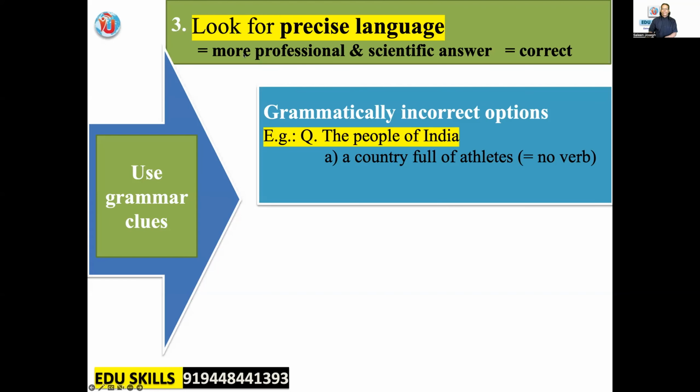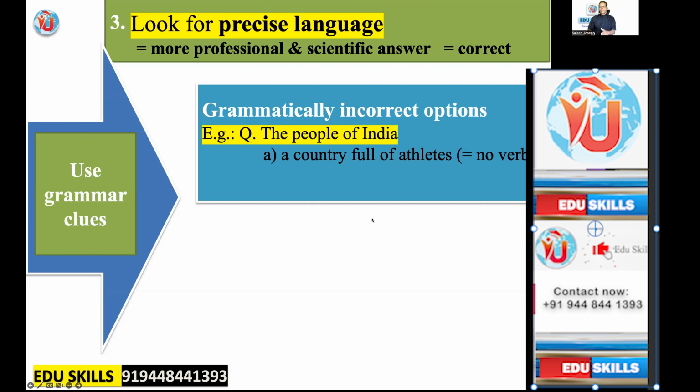Use grammar clues. A more professional and scientific answer is always right. But when the question is negative, for example, which is not correct as per the passage or which is not given in the passage, definitely the one with a grammar mistake, if there is an option with a grammar mistake or unprofessional language, that will be the choice.